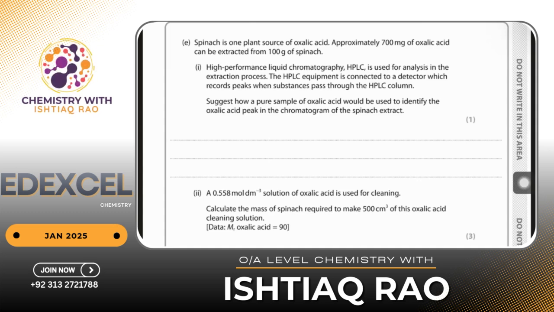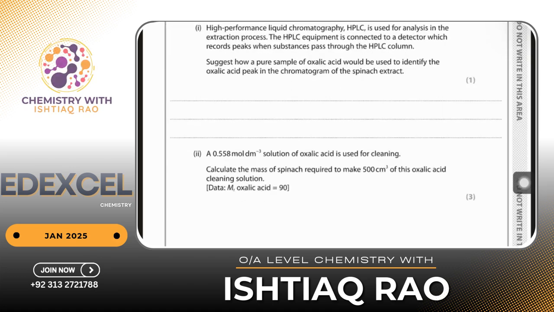So, I would take pure oxalic acid and then I would find out the RF value. It's worth only 1 mark. It's enough to write that. Find RF, or I can say not RF.